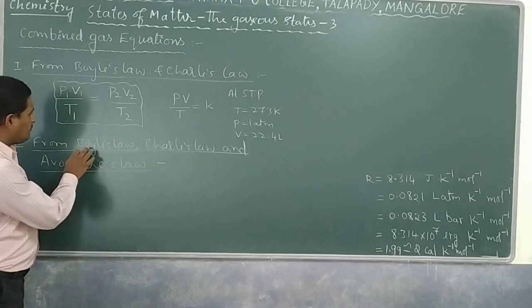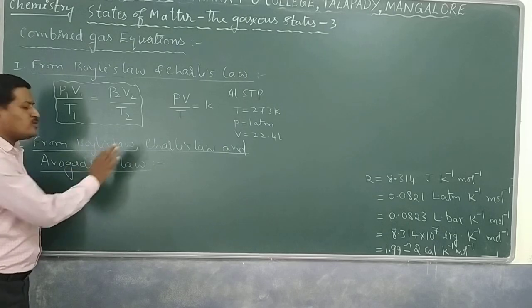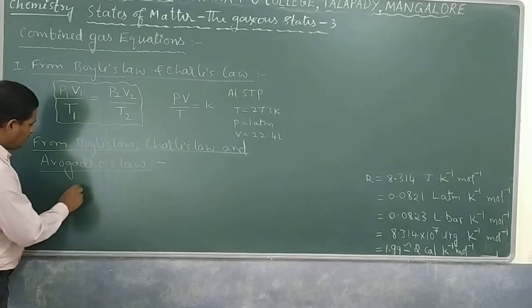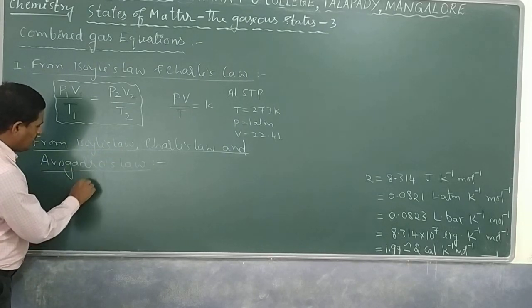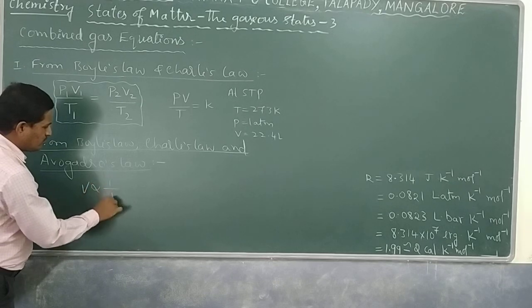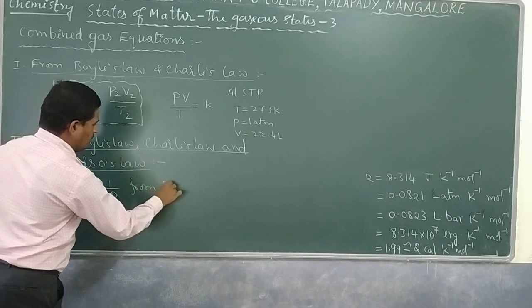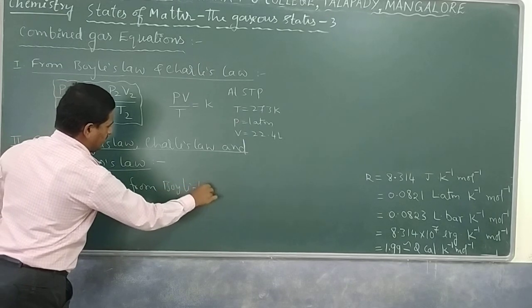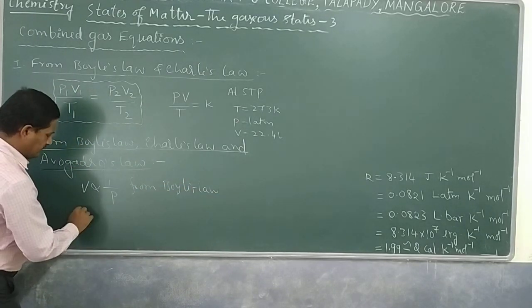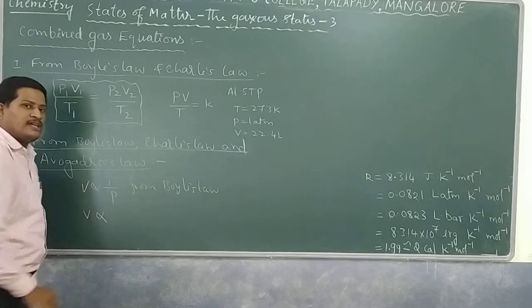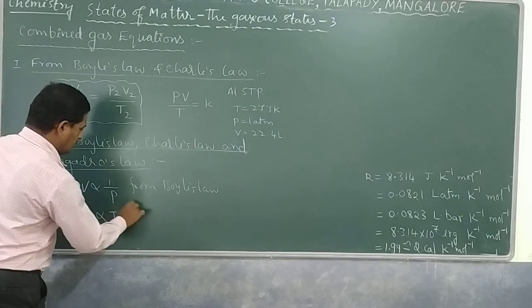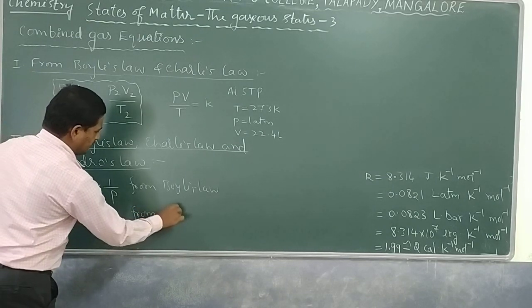The next comes from Boyle's law, Charles law and Avogadro's law. According to Boyle's law, the volume of a given mass of gas is inversely proportional to pressure. Clear? And according to Charles law, the volume of a given mass of gas is directly proportional to temperature.